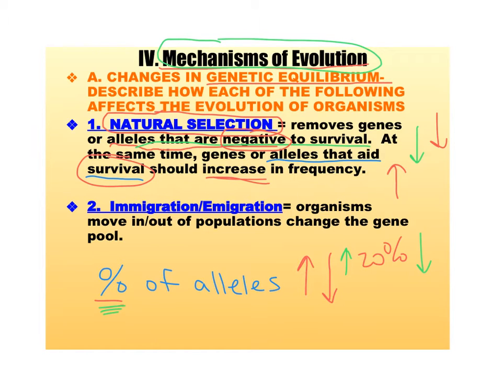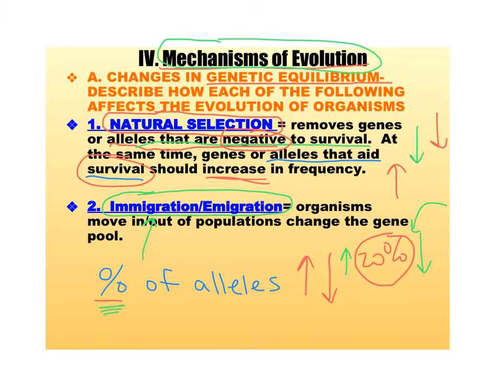Another obvious thing that can change the frequency or percentage of alleles in populations is immigration and emigration. Earlier I guessed we have 20% blue eyes in our classroom, though I don't think it's that high. But what if we had some foreign exchange students immigrating from, say, Sweden? Blue eyes and blonde hair, those alleles are extremely common in Sweden.